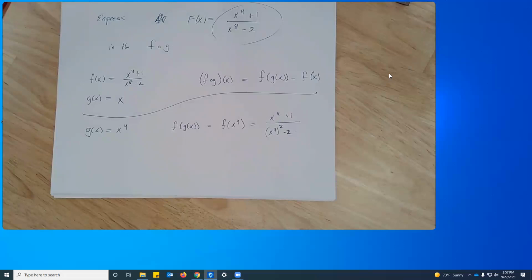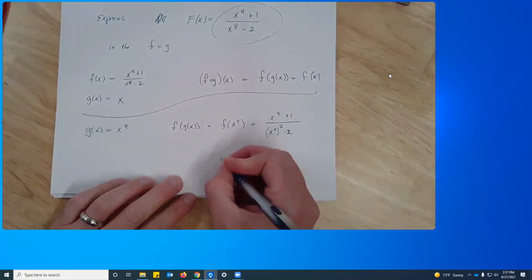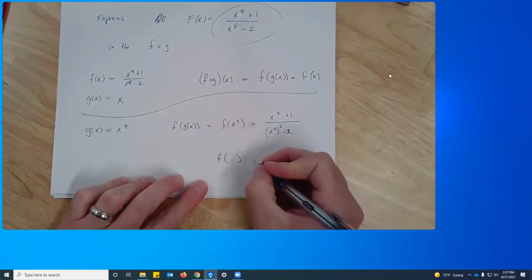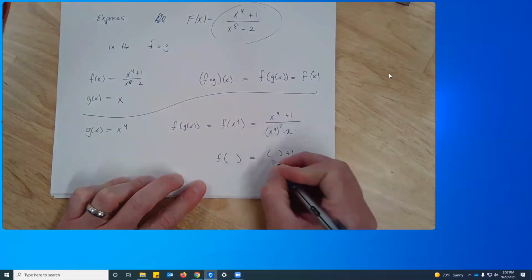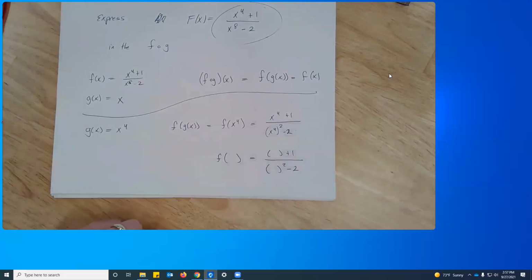So check it out. If f of x to the 4th is x to the 4th plus 1 over x to the 4th squared minus 2, what I'm going to do is take the x to the 4ths and replace them all with x. So I'm going to instead write f of blank equals blank plus 1 over blank squared minus 2.